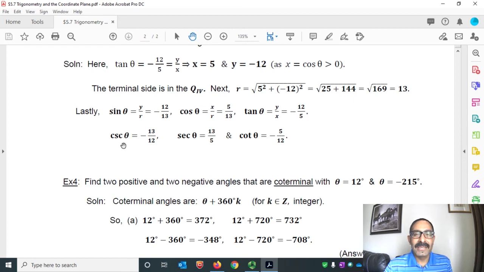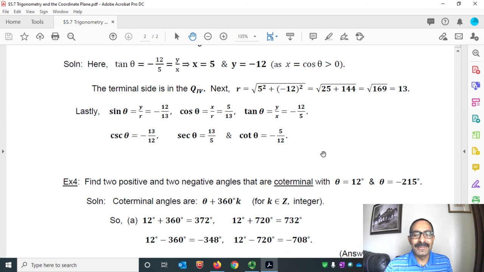Cosecant theta is the reciprocal of sin theta, which is minus 13 over 12. Secant theta is the reciprocal of cosine theta, so simply 13 over 5. And cotangent theta is the reciprocal of tan theta, so cotangent theta equals minus 5 over 12. Great. I hope it makes sense to you all.